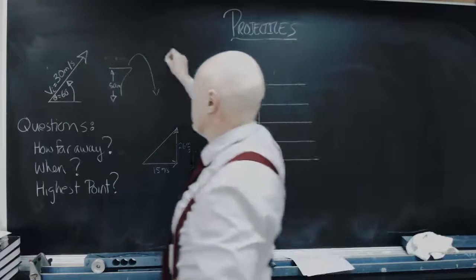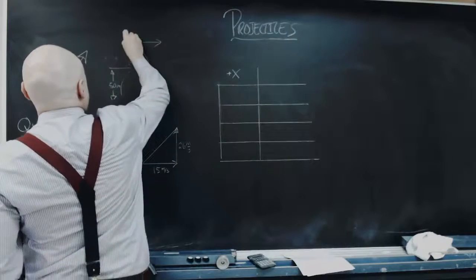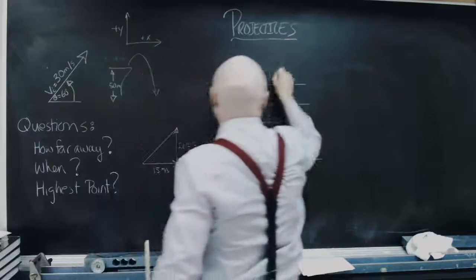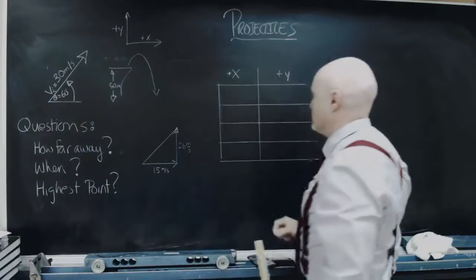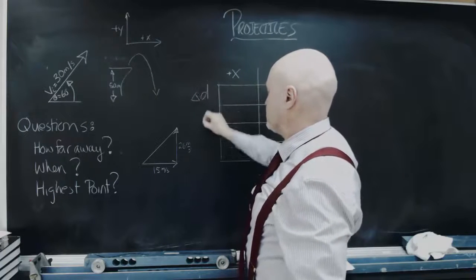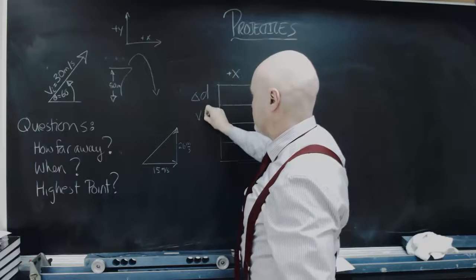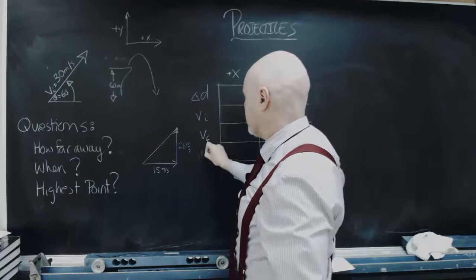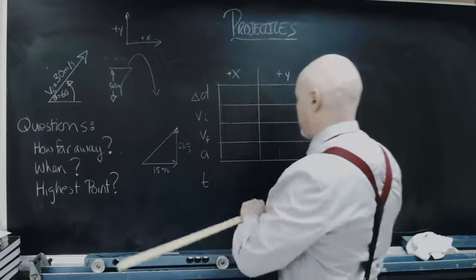Okay, positive x to the right, positive y is up, and so we have change in displacement, we have initial velocity, we have final velocity, we have acceleration, and we have time.